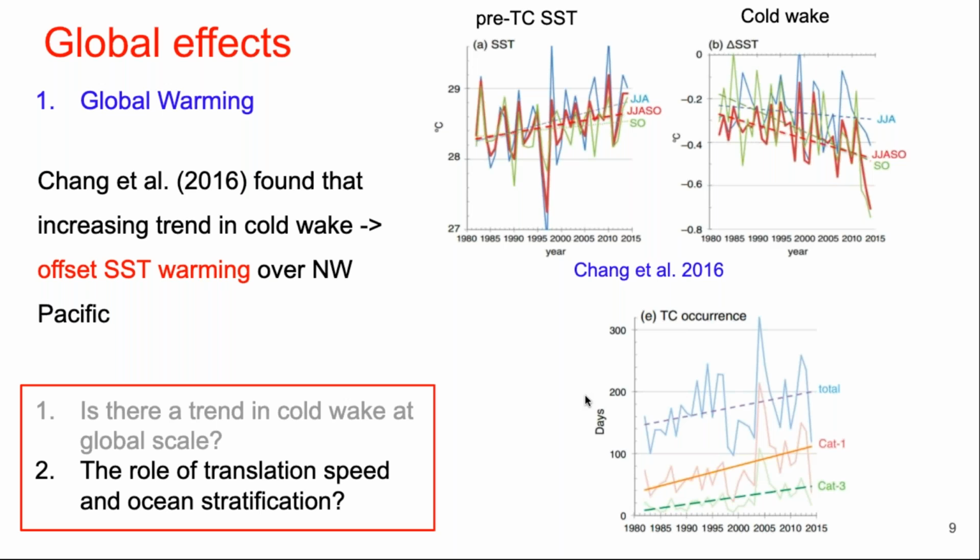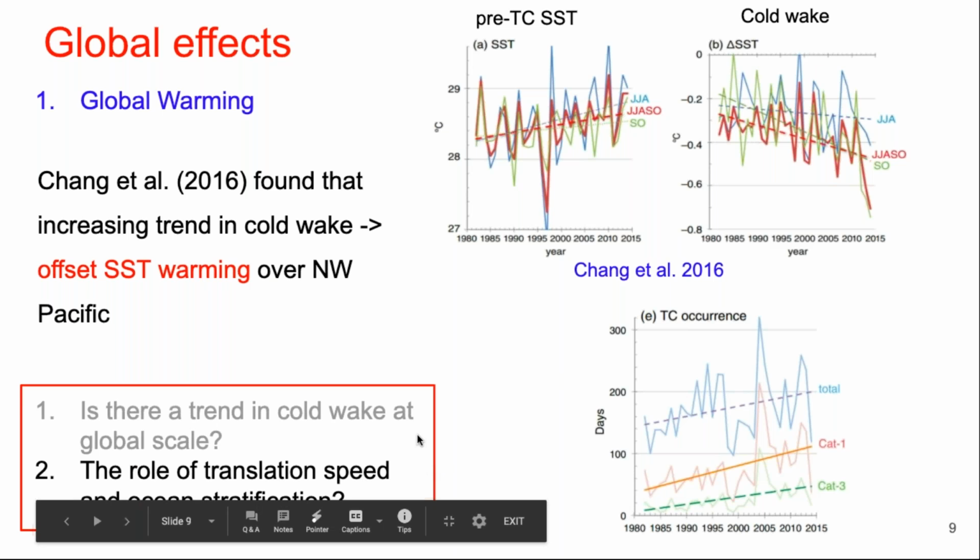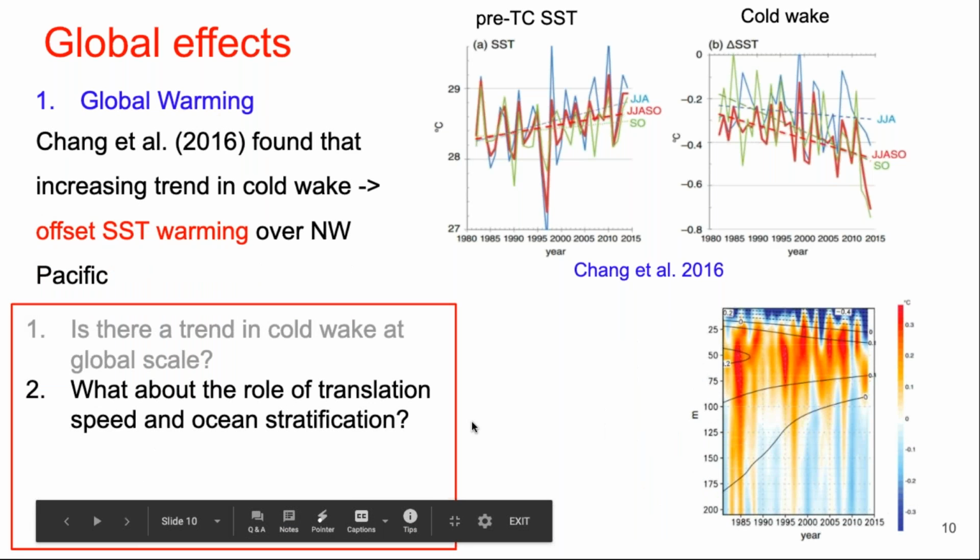As you know, translation speed can also impact the cold wake. If a TC moves slower, it can induce more mixing, and so the cold wake can be stronger. Or over a very stratified ocean, the thermocline would be very close to the surface, and so a given TC can produce more cooling. So in this study, we will also address all of these possibilities.